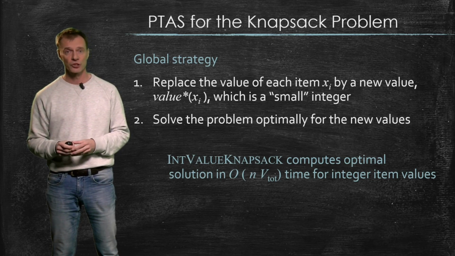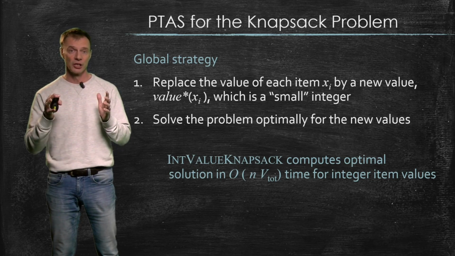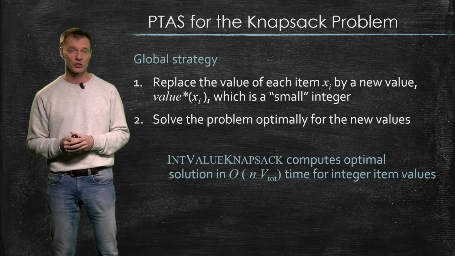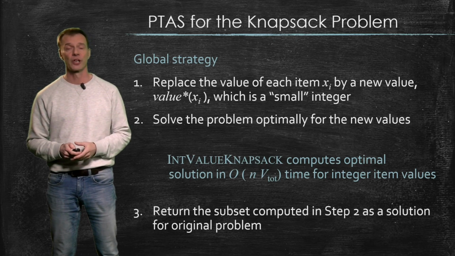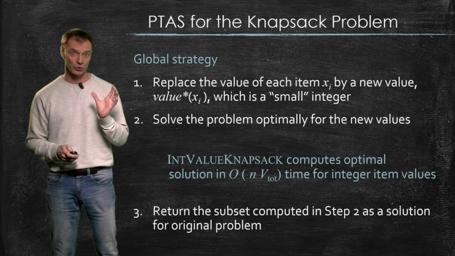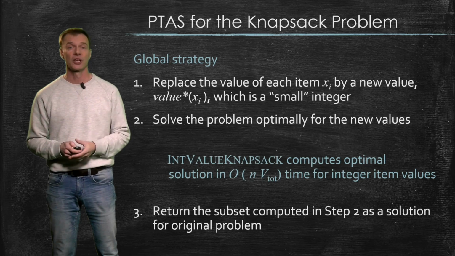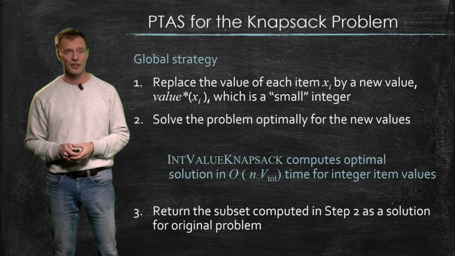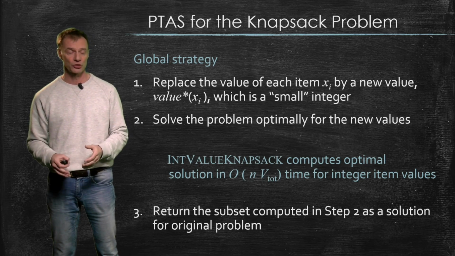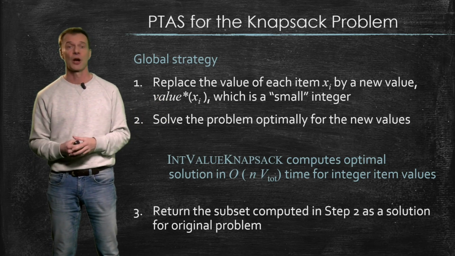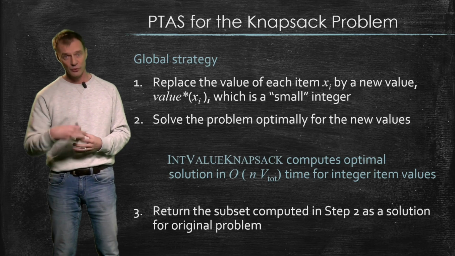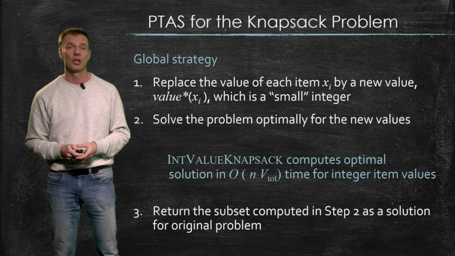And that's why it's important that in step 1 we get integer values that are not too large. After solving our new problem for these value stars using our dynamic programming algorithm from the previous lesson, we're now simply going to take exactly the same items, but now with the original weights, and report this as the solution to our problem.